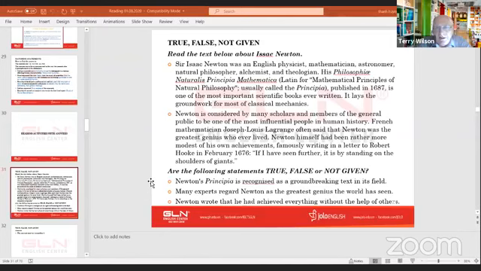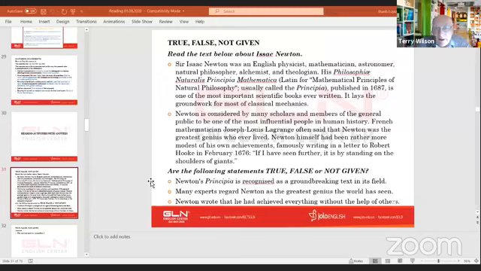So he was an English physicist, mathematician and astronomer, natural philosopher, alchemist and theologian. His philosophy, Naturalis Principia Mathematica. So that's Latin for mathematical principles of natural philosophy, usually called the Principia, published in 1687, is one of the most important scientific books ever written.